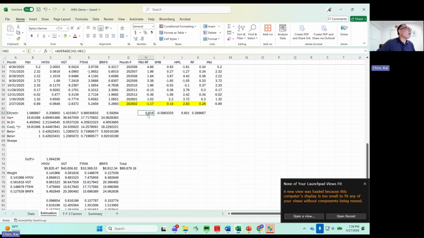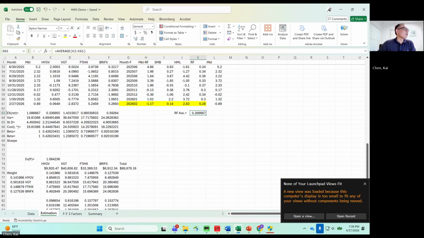And this is the average market risk premium, and actually we don't need this data, so I delete this and keep the risk-free rate. That is the average risk-free rate in the past 60 months, so I use RF AVE.